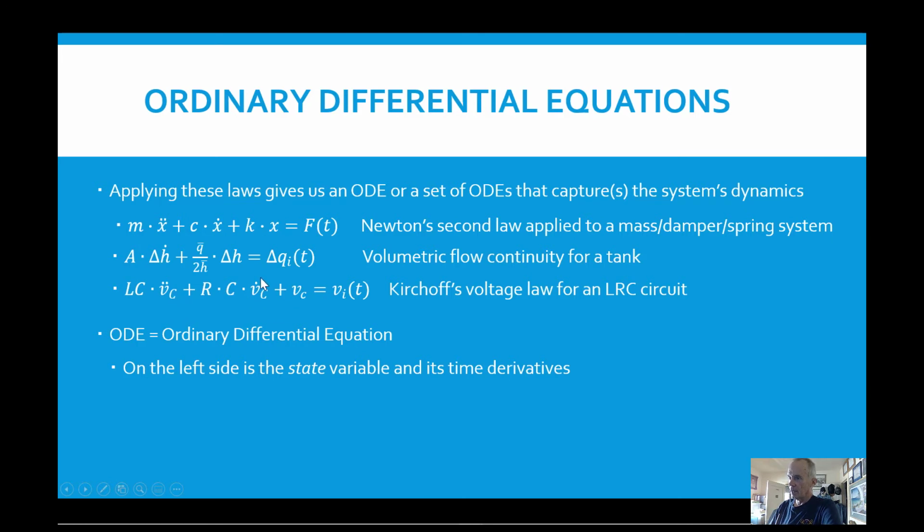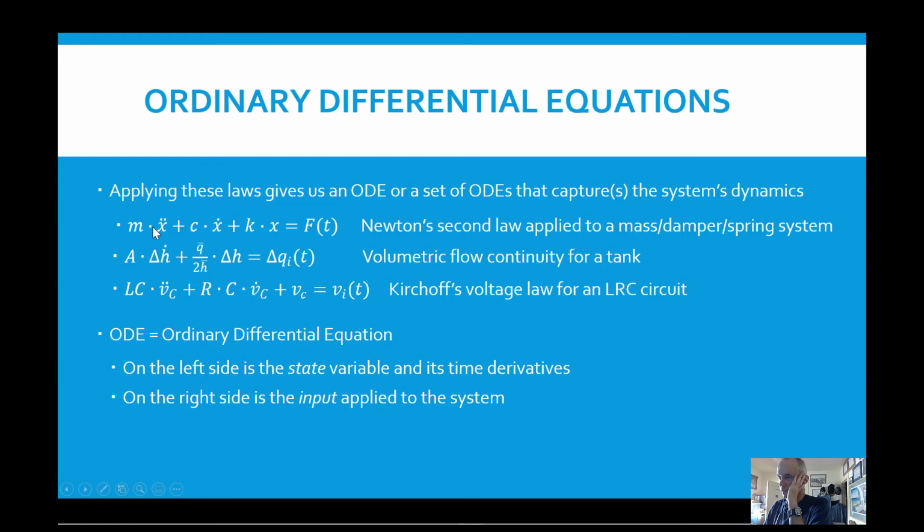So anyway, all of these have the same form. You have a state variable and its derivatives on the left. And then on the right-hand side, you have the exciting input, the thing that makes the system move. So, for instance, if you applied an external force to your mass, that would make the mass move, but it just doesn't move freely.